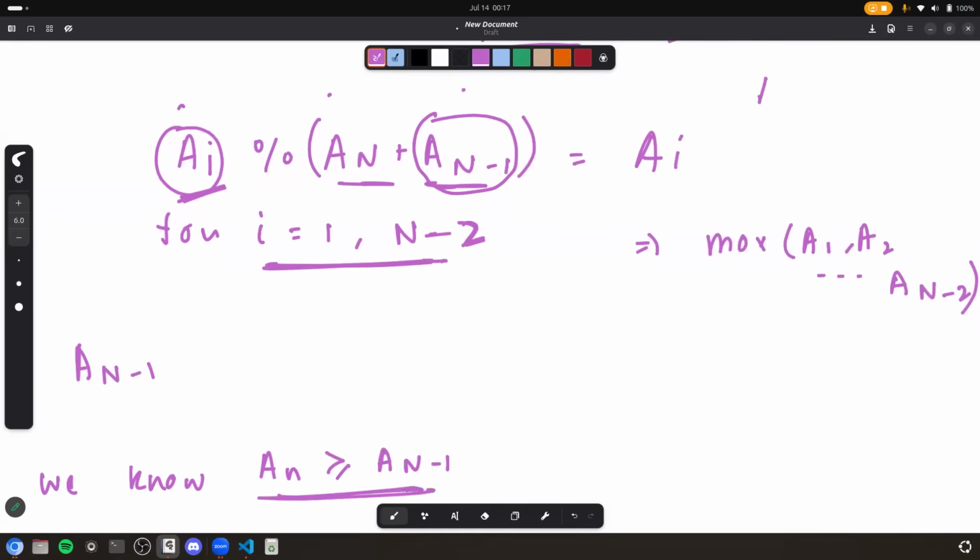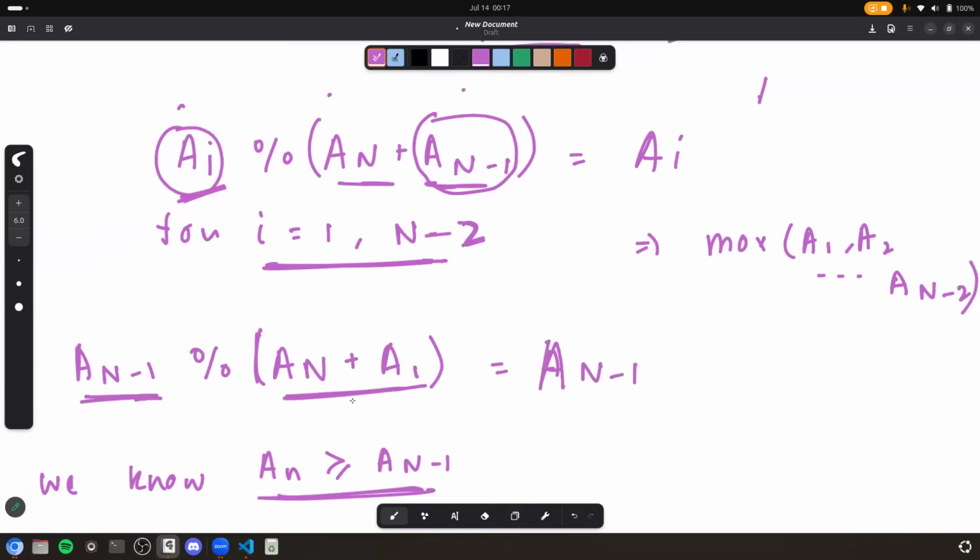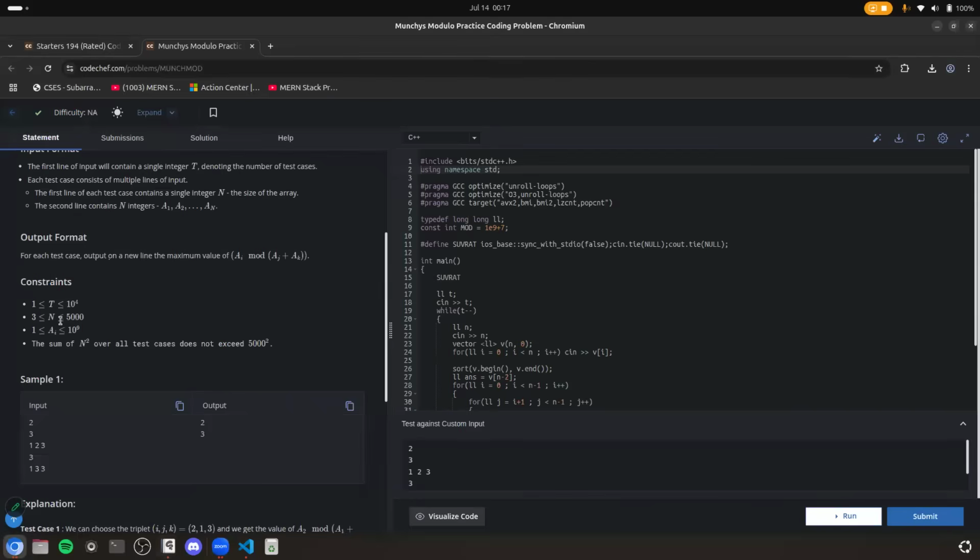So AN minus 1 modulo AN plus A1, let's say. Now this term again will be bigger than this term, so this will again give us the answer AN minus 1, since in the constraints we see that AI is always greater than 1.